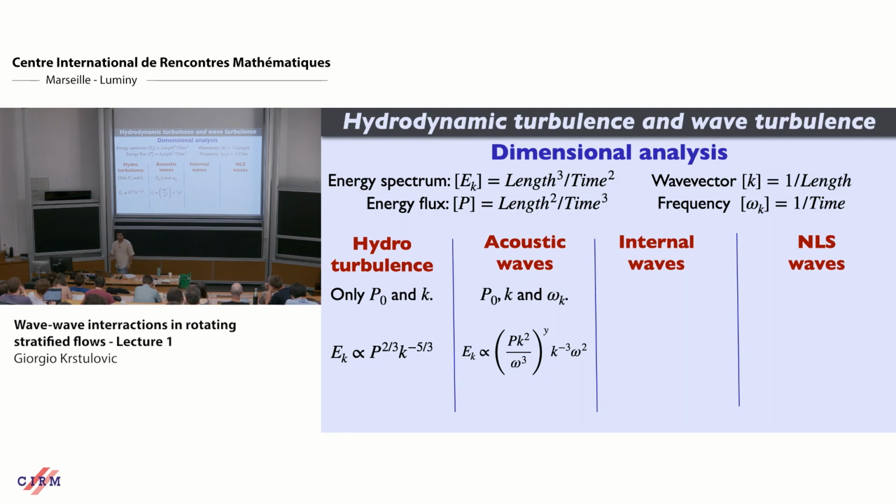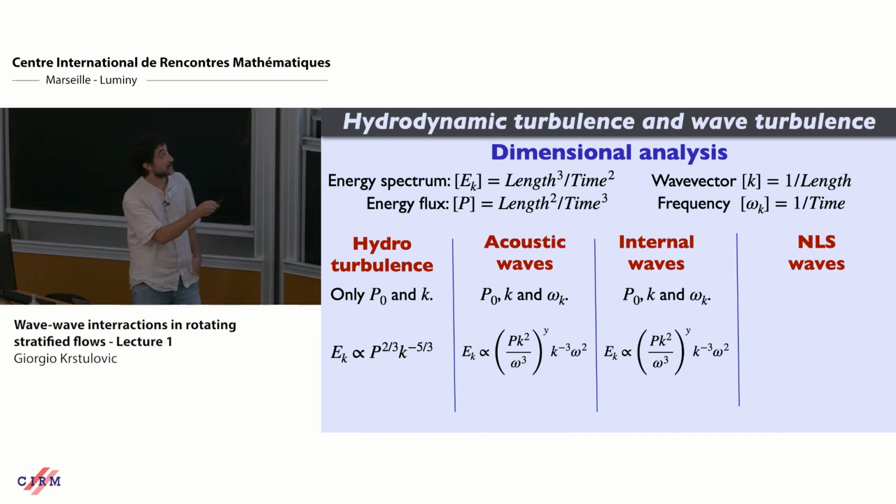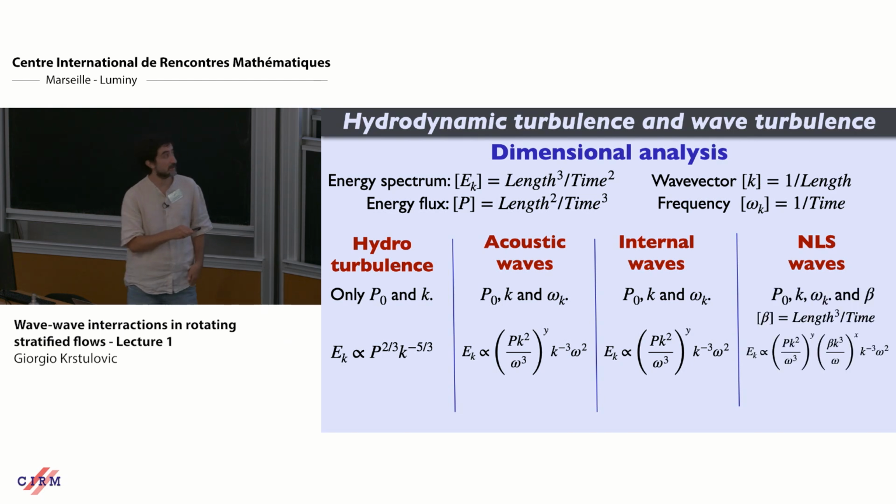Okay, and for internal waves, for instance, I could apply the same argument, which should be wrong because this is highly anisotropic, so it cannot be done so easily. But we could forget about anisotropy, which is certainly completely wrong, but we will get the same. And if we do NLS, it's even a bit more complicated, because we have an extra parameter.